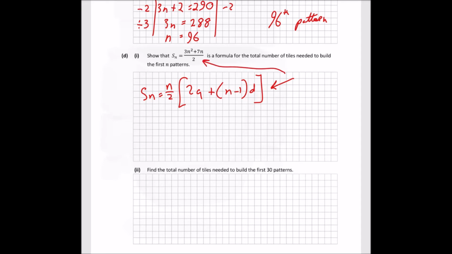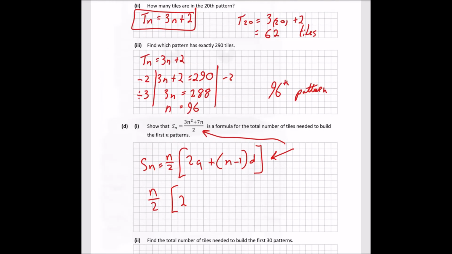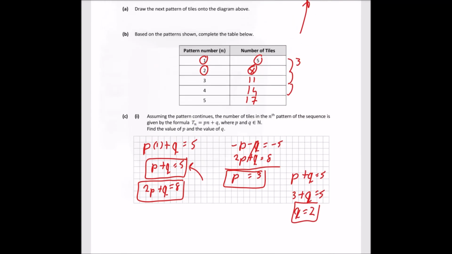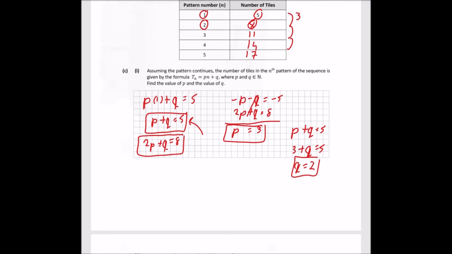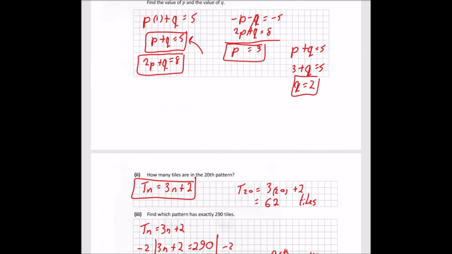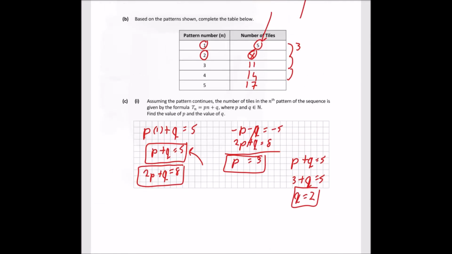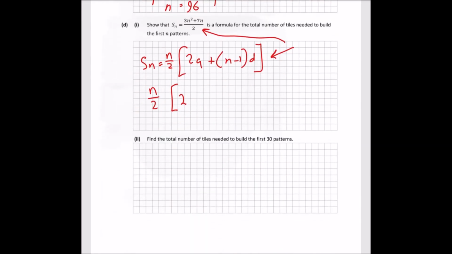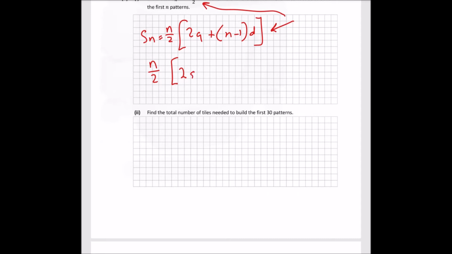Okay, so let's see. N over 2. Now a is the first term, and that is 5. Okay, I get that from here. Plus n minus 1.